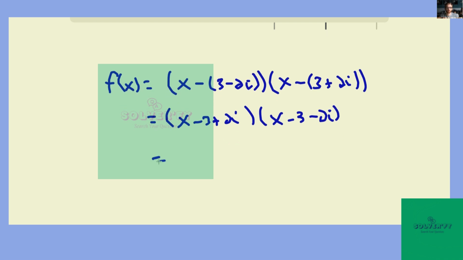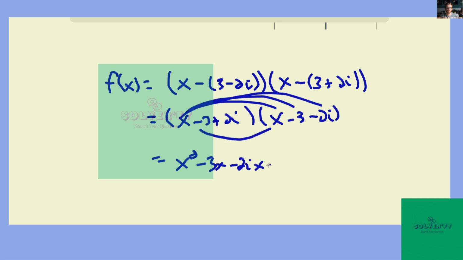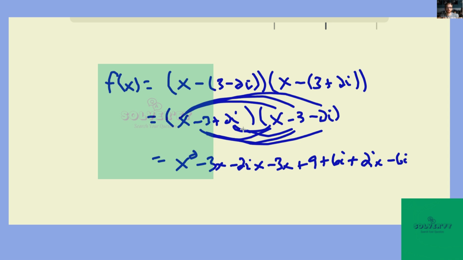And then we can multiply: x squared minus 3x minus 2ix minus 3x plus 9 plus 6i, and then plus 2ix minus 6i minus 4i squared.